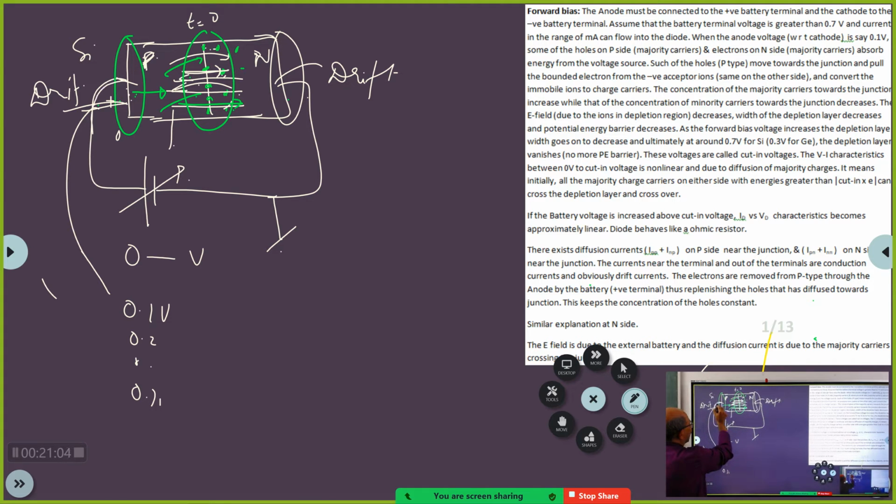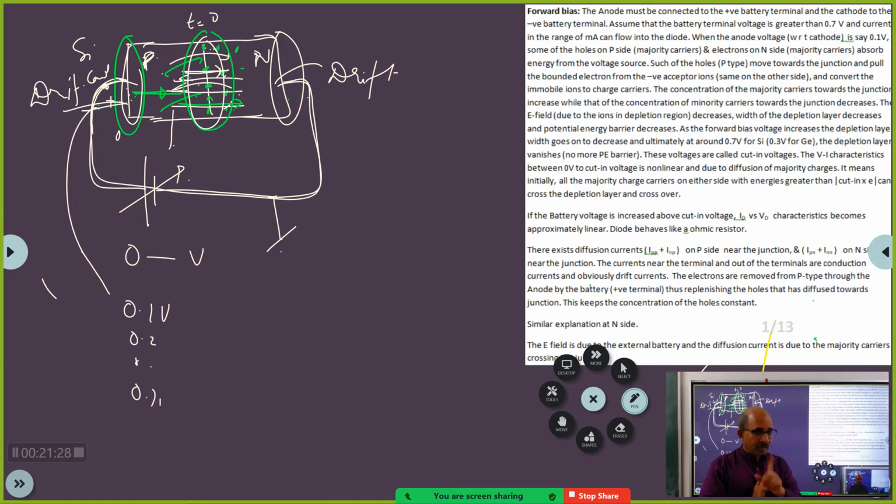The current in the outside world is conduction current, but the current inside is diffusion current. Here it will be mainly diffusion current, and in between it is a combination of both. Correct?